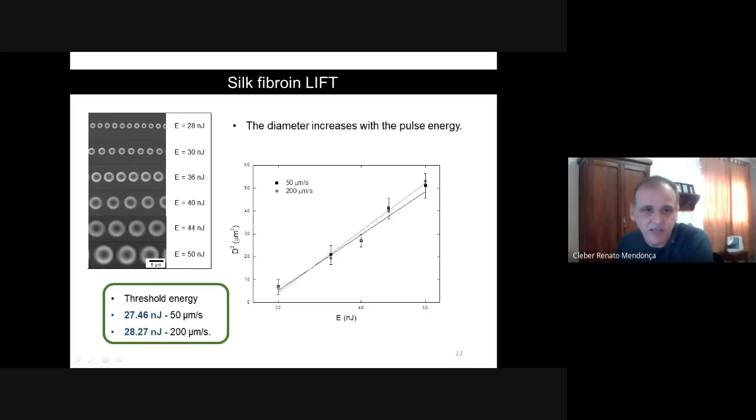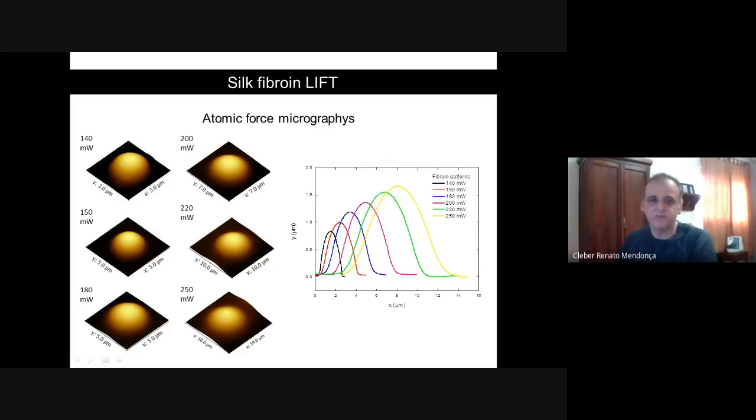Depending on the energy, we are able to increase the diameters of the fabricated structures or the fabricated ellipsoids. The threshold energy depends, of course, a little bit on the scanning velocity, but it's on the order of 27, 28 nanojoules.